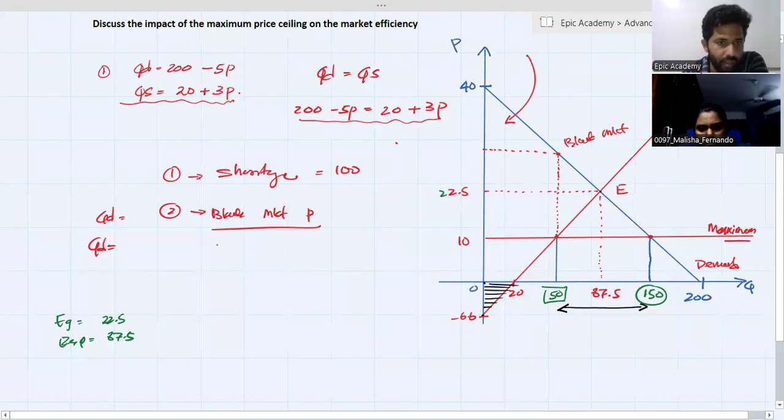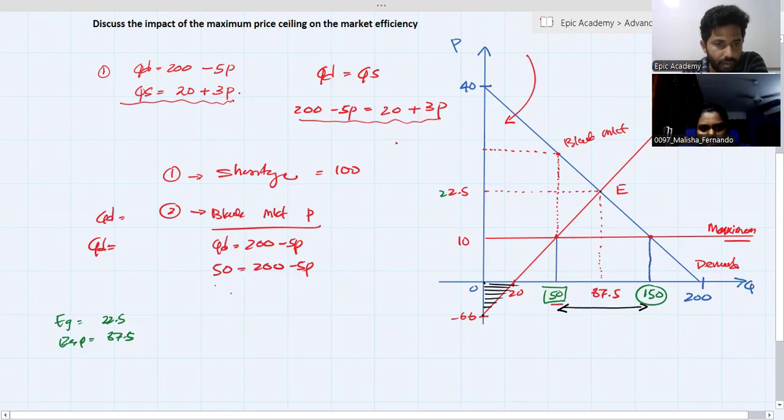So get the QD equation, QD equals 200 minus 5P. But we know the amount of QD here. It is 50. Then 50 must be equal to 200 minus 5P, isn't it? So then we are going to identify the value at that point.